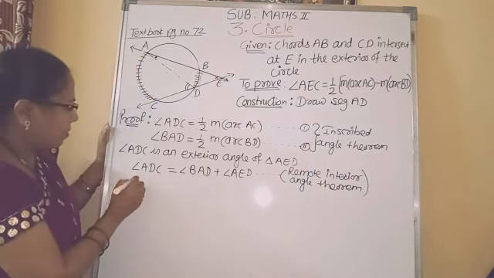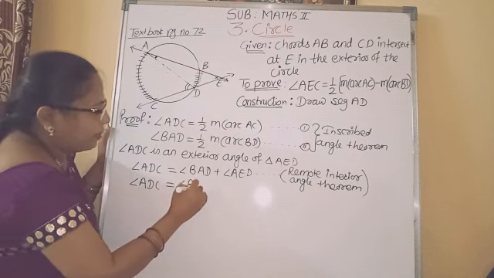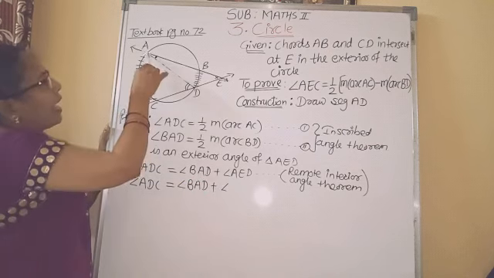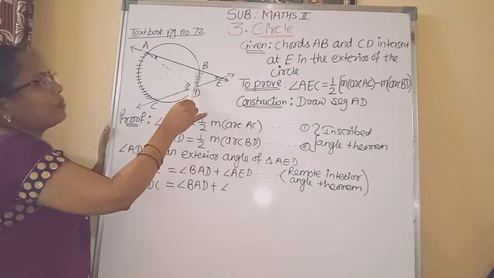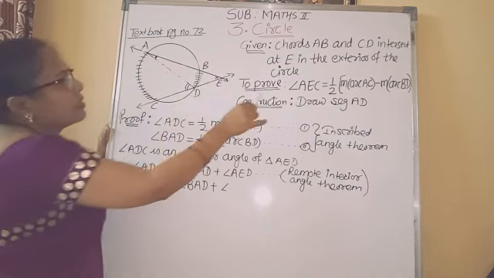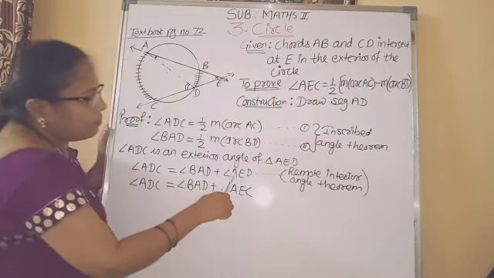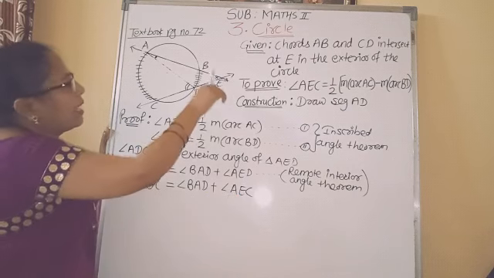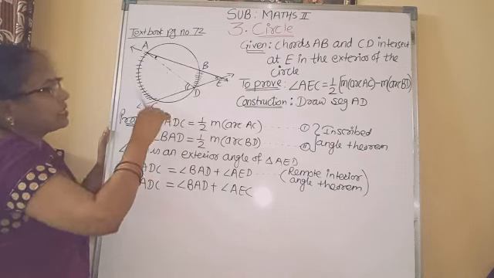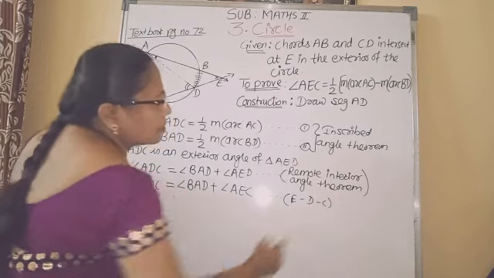Okay. So angle ADC is equal to angle BAD plus, now here angle AED, the name of this angle we can write angle AEC because here we want that name. Instead of angle AED we can write angle AEC because here we have between it E-D-C.